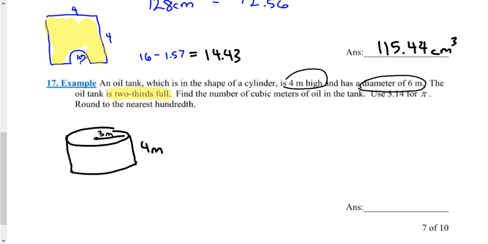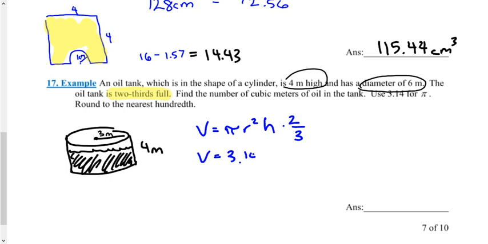First thing we're going to do, let's see, it's an oil tank, so I'll use black. So it's only 2/3 full. There we go. So we'll use the volume is equal to pi r squared h, and then in the end we'll take it times 2/3 because it's only 2/3 full.